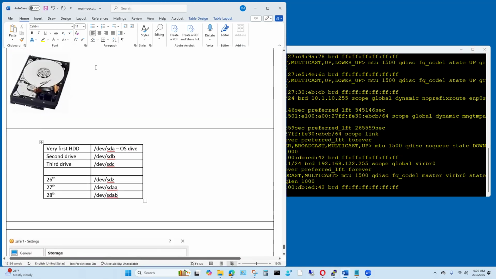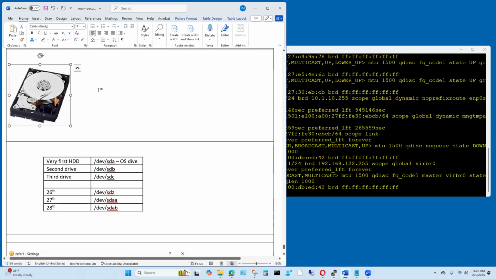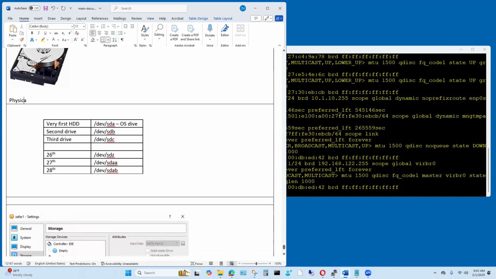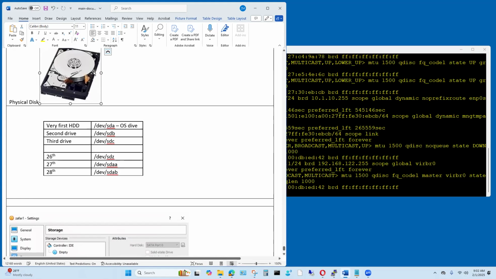The one I have here is a physical disk. I found this picture because I want to show you the spinning disk.